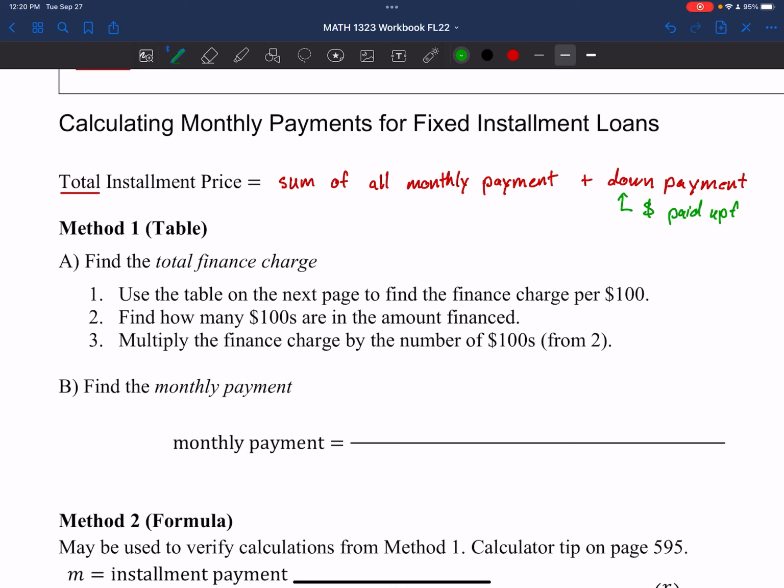So a down payment is essentially the money or the cash paid up front. And there are certain advantages and even requirements to pay some money up front. So for a mortgage, probably one of the largest loans that people will consider taking out in their life, 20% is pretty typical. Now you could go ahead and put less down, but then you have to do something called PMI, or private mortgage insurance, which essentially protects the bank if you can't pay, but you have to pay for that insurance.